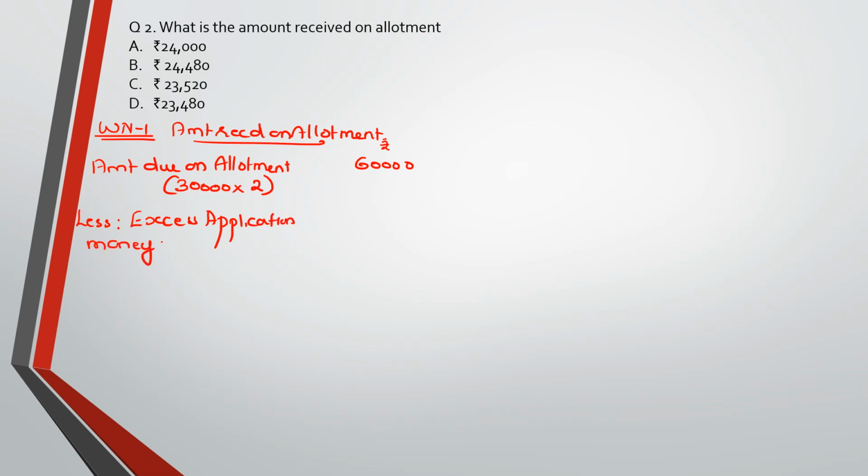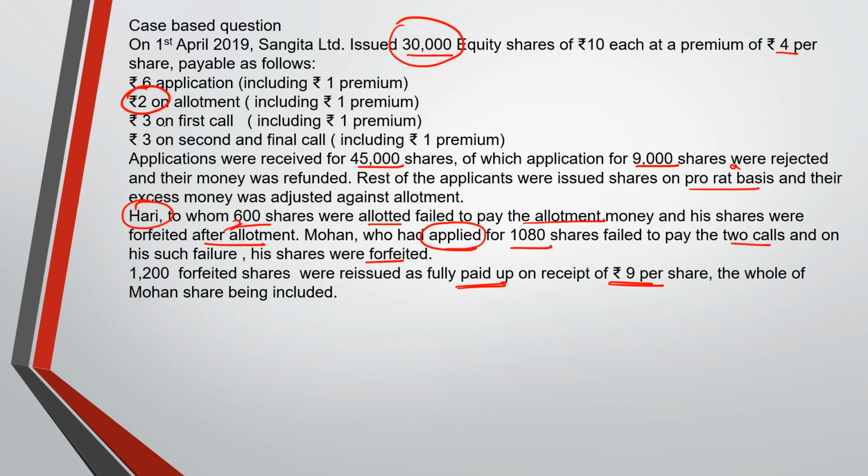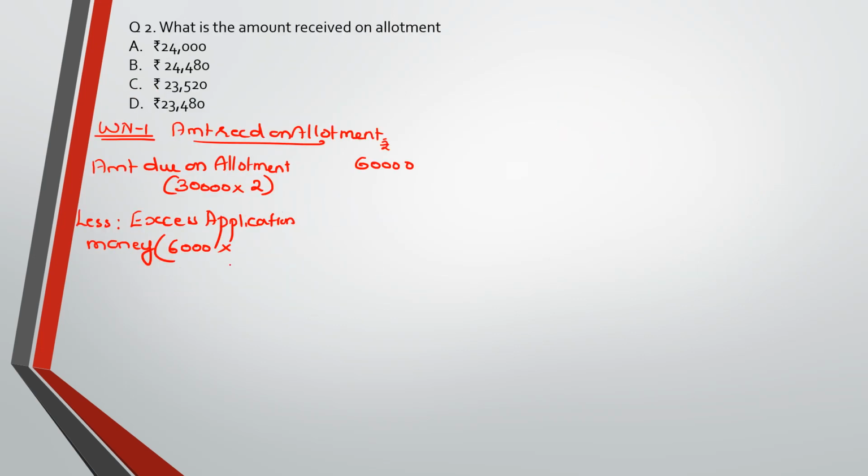That is 36,000 applications minus 30,000, that is 6,000 excess applications into the application money. The application money was 6 rupees. So totally 36,000 was the amount lying with the company which was received at the application stage in excess. That is adjusted against allotment and therefore 24,000 is the amount that was supposed to be received from the shareholders. But there is a problem there.